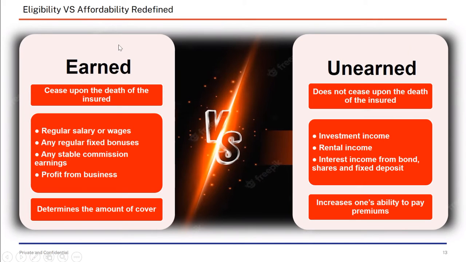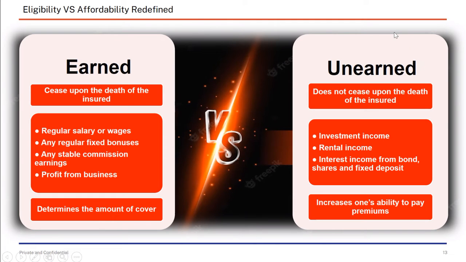Okay, for the earned one, it ceases automatically upon the death of the insured. So what is the category of our income? It is definitely from our regular salary or wages, or any regular fixed bonuses, or stable commission earnings, or profit from the business for the corporation's company. This earned income is what we use to determine the amount of coverage for the policyholder.